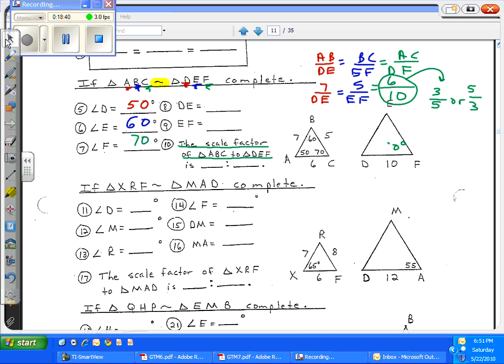ABC is the little one, DEF is the big one, so the scale factor that would take you from the little one to the big one is the 5/3. The scale would be the 5/3 because when you go from ABC to DEF, you're trying to get bigger, and so you would need to multiply by the bigger version. Okay?